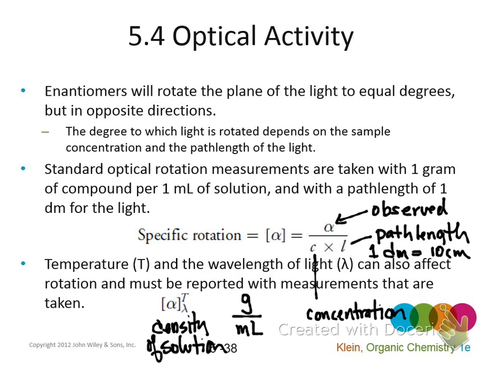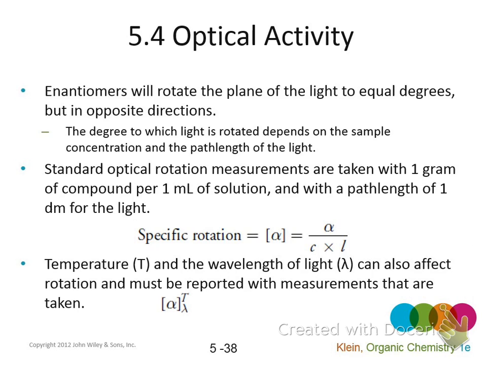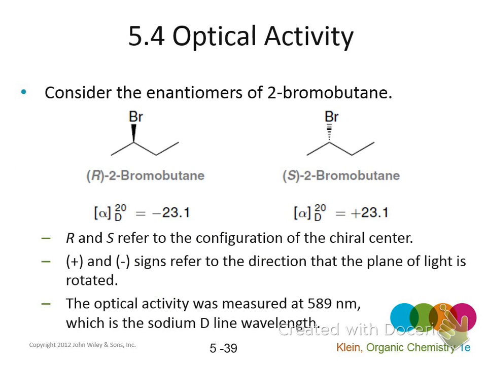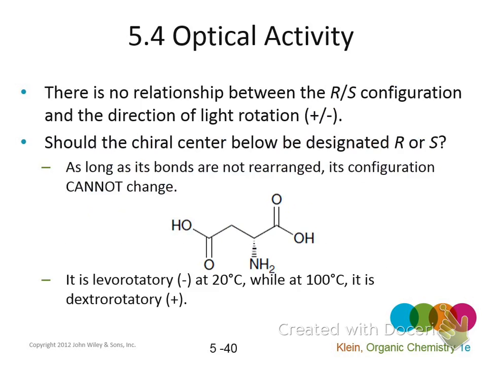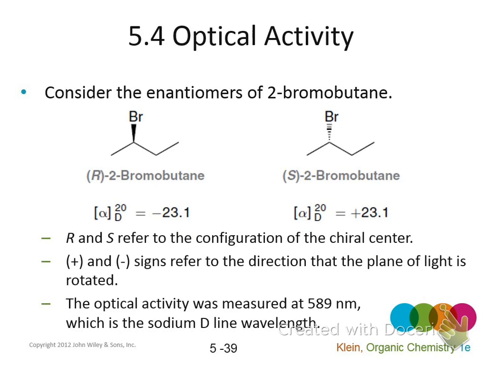Now, the way it's done, and I'll show you on the next slide how temperature and wavelength are shown, is like it is here on this slide for 2-bromobutane. 20 is the temperature in degrees Celsius.